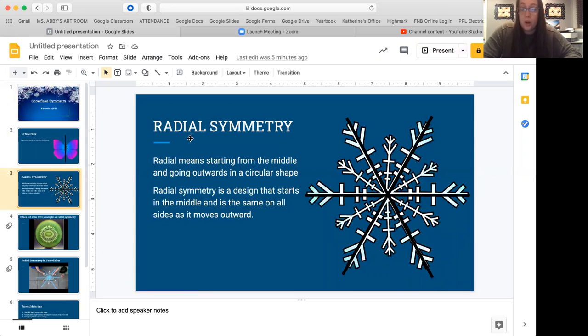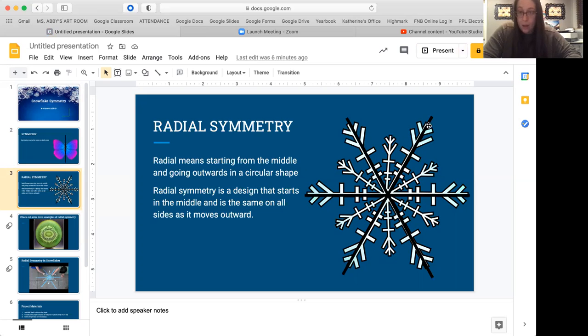Now, if we throw the word radial in front of symmetry for radial symmetry, radial means it starts in the center and then it goes outwards, right? This is where the snowflake picture comes in. A snowflake has that center spot in the middle, and then the design radiates out from the middle.